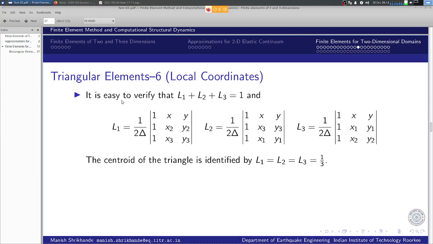The sum of all interpolation functions of the element should add up to unity. That is a requirement to allow rigid body mode of displacement.